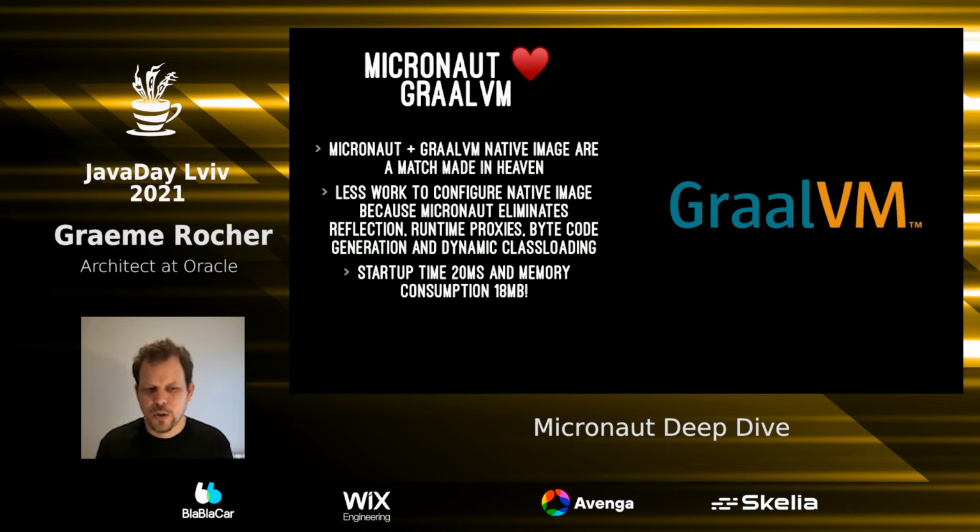So dynamic things are like dynamic class loading, reflection, usage of runtime proxies, bytecode generation, etc. So you need to configure GraalVM for all those different use cases. And because Micronaut doesn't do any of those things, it makes it a great fit because there's just a lot less work for the tool to do when converting a Micronaut application to a native image compared to using native image with other frameworks or tools.